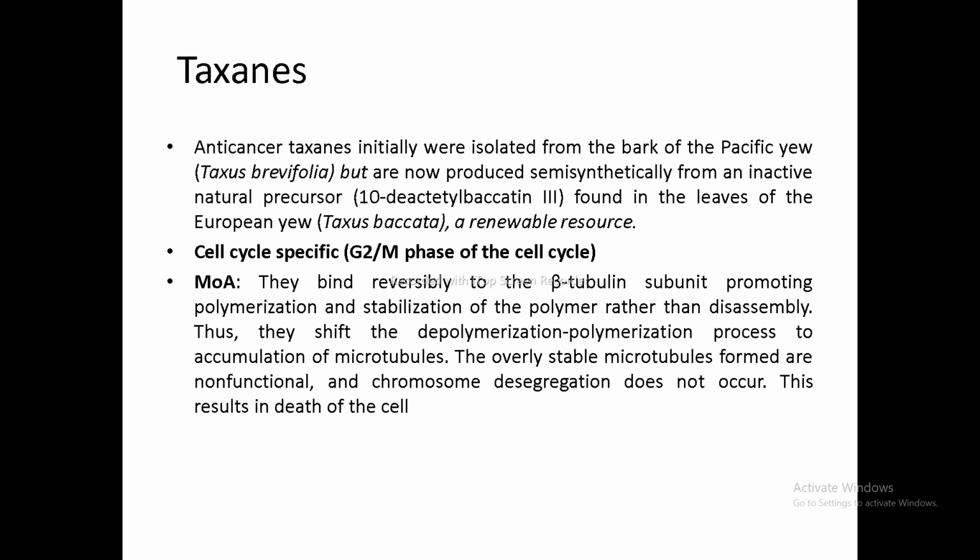Thus, they shift the depolymerization-polymerization process to the accumulation of microtubules. The overly stable microtubules formed are non-functional, and chromosome segregation does not occur. This results in the death of the cell.